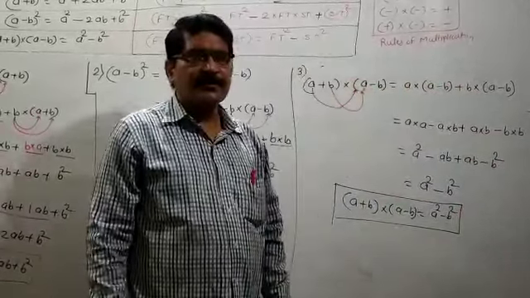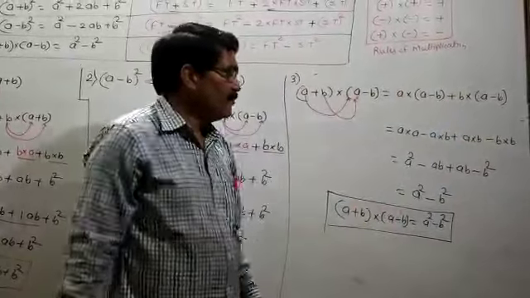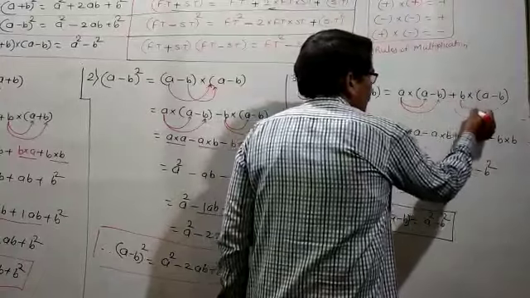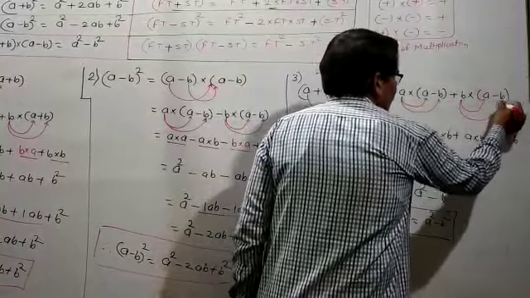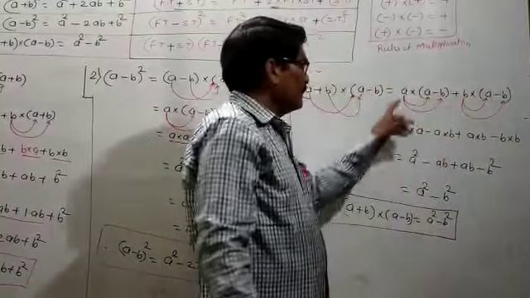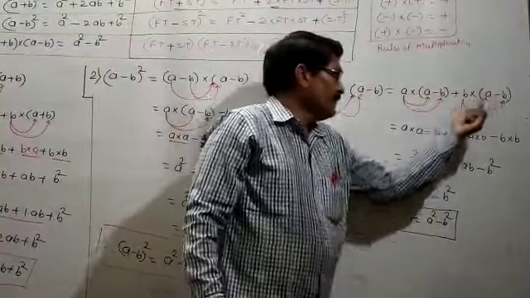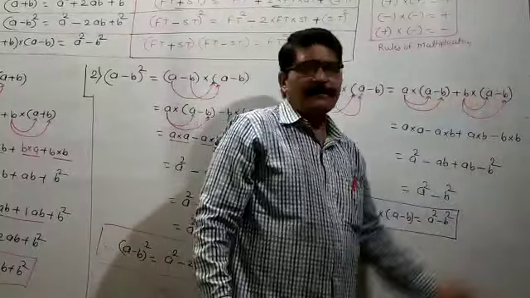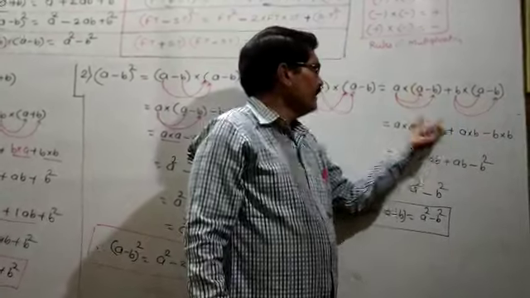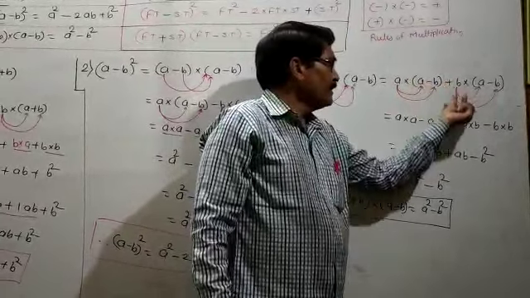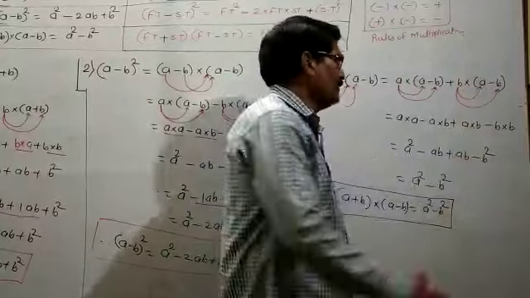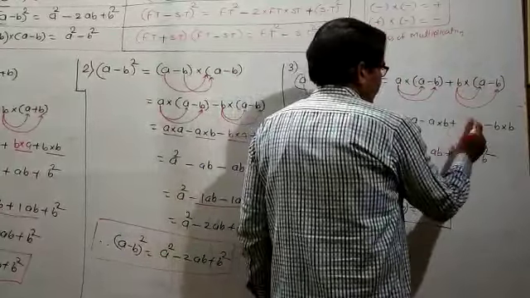This is the distributive law. Again you have to continue the distributive law, distributing a minus b like this, and b multiplied like this. So you will say a multiplied by a minus b, and b multiplied by a minus b. Then a multiplied by a minus a multiplied by b, plus sign as it is, b multiplied by a, which means a multiplied by b.